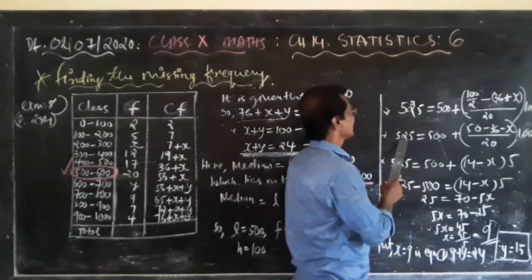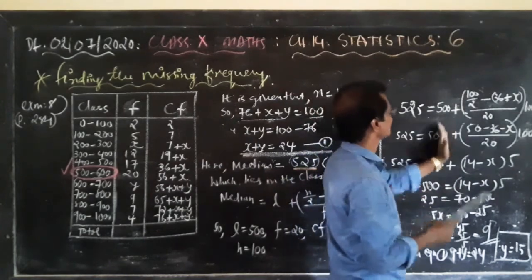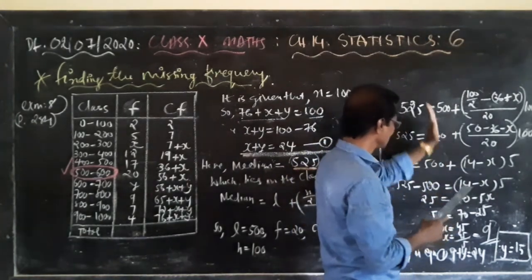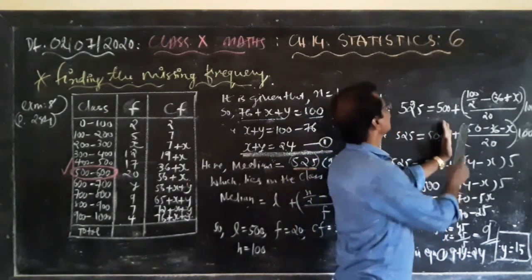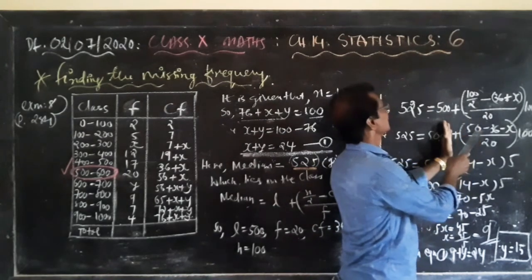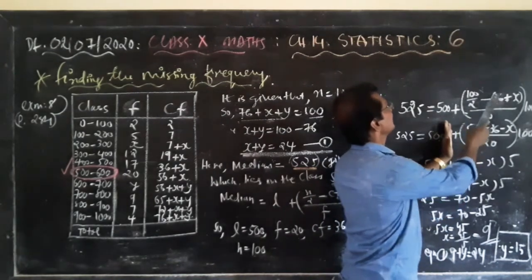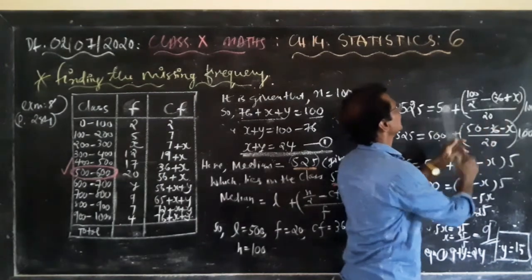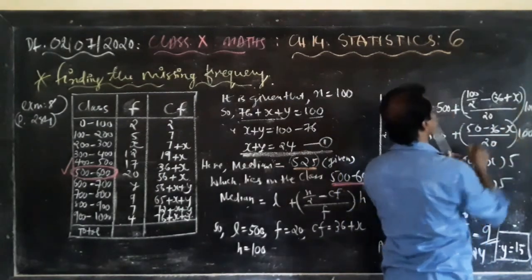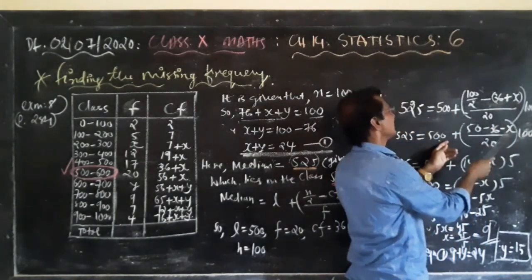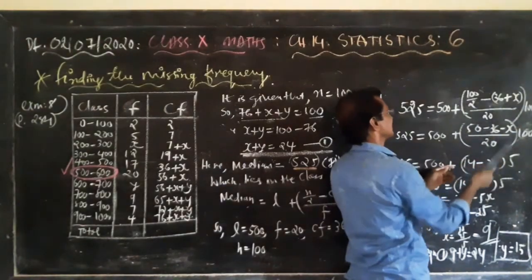So 525 equal to 500 plus, in brackets, 100 divided by 2 minus 36. When you open the bracket, this plus will become minus. So 50 minus 36 minus x.